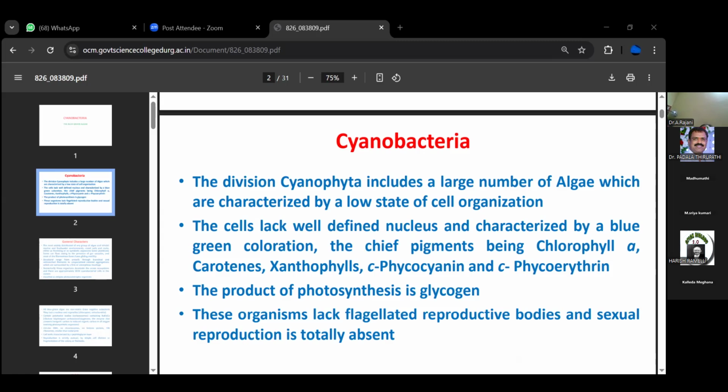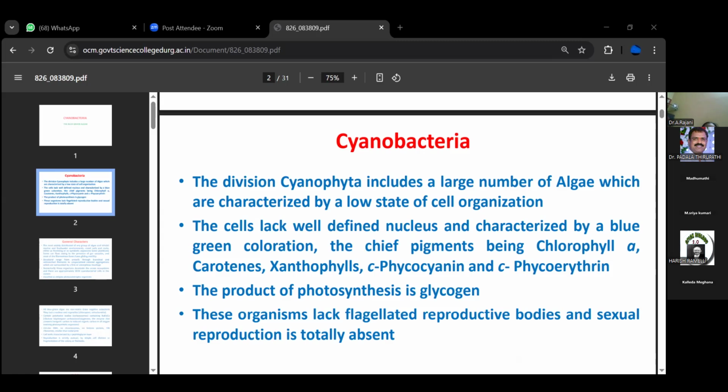Very important, many economical characters are there. You can observe cyanobacteria in freshwater, seawater, salt marshes, moist rocks, tree trunks, moist soils, hot springs, frozen waters. These are places you can observe these cyanobacteria.